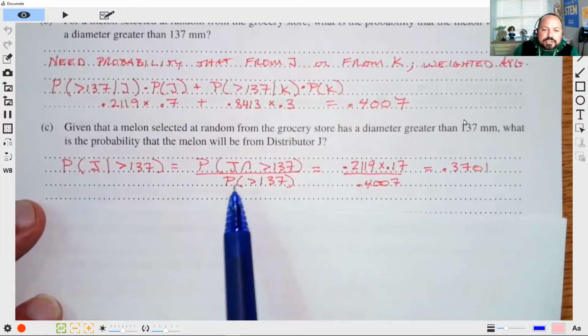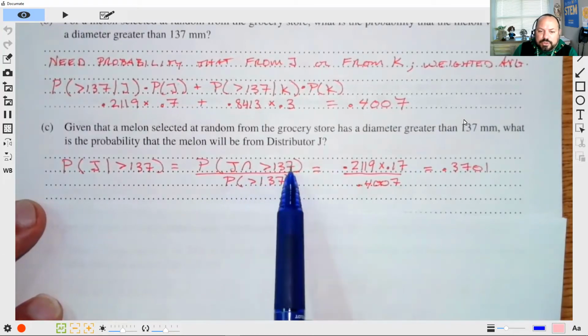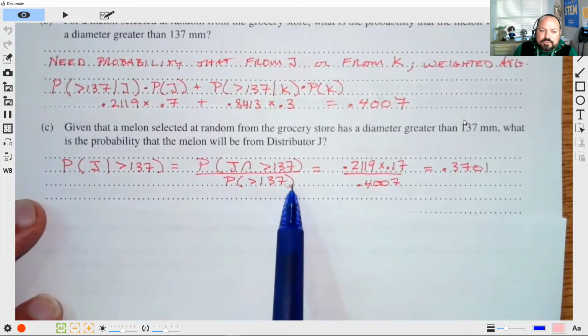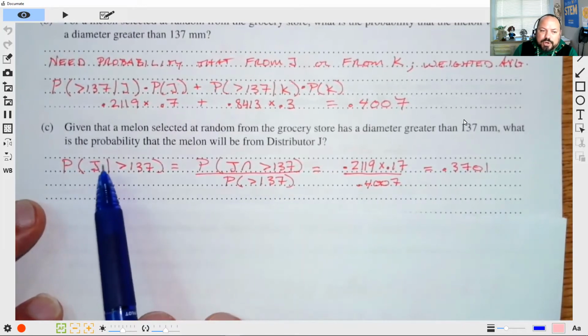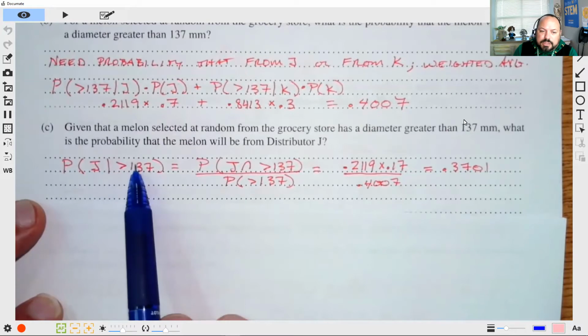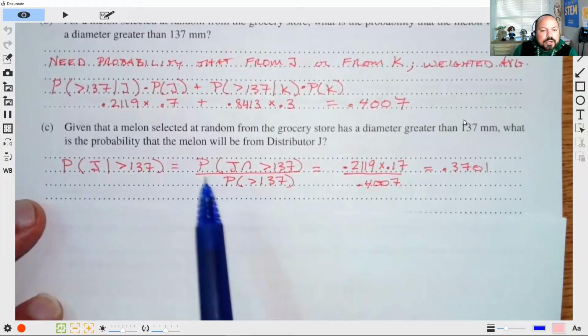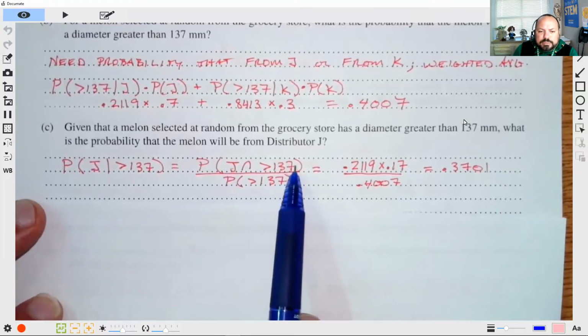We know that that's going to be the probability of being from J and greater than 137 divided by the probability of being greater than 137, because we know the conditional probability of A given B will be the probability of A and B divided by the probability of B. What is this joint probability, J and greater than 137?